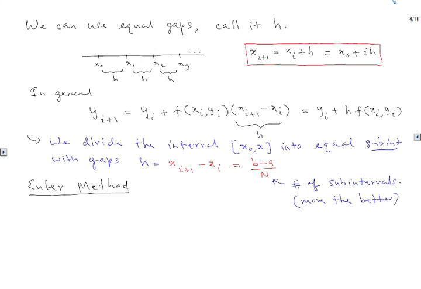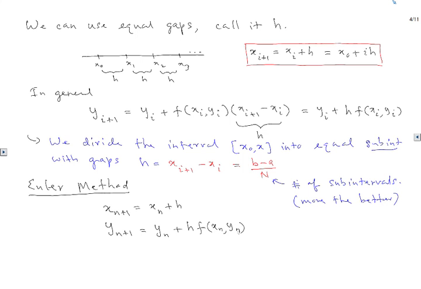You can use n or i, but I want to go with standard notation. So x n plus 1 is simply x n plus h, and then your next step y n plus 1 is simply y n plus h times f(x n, y n).